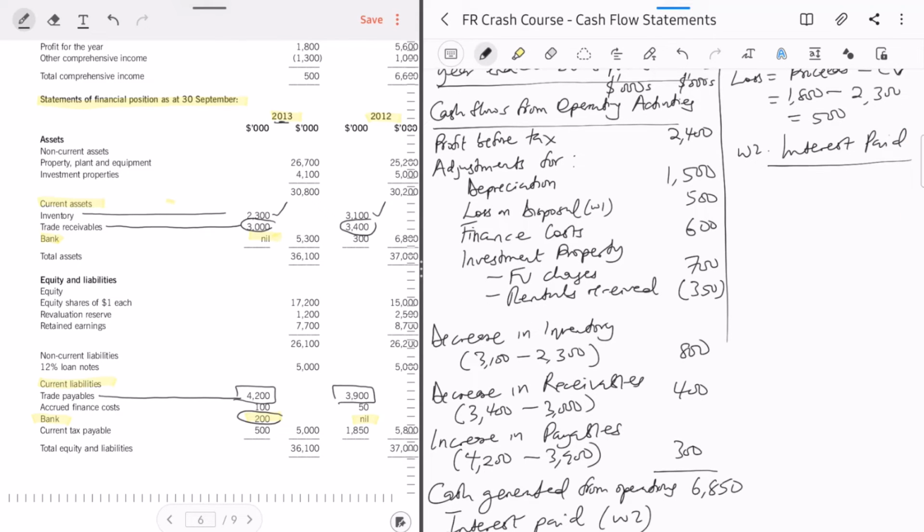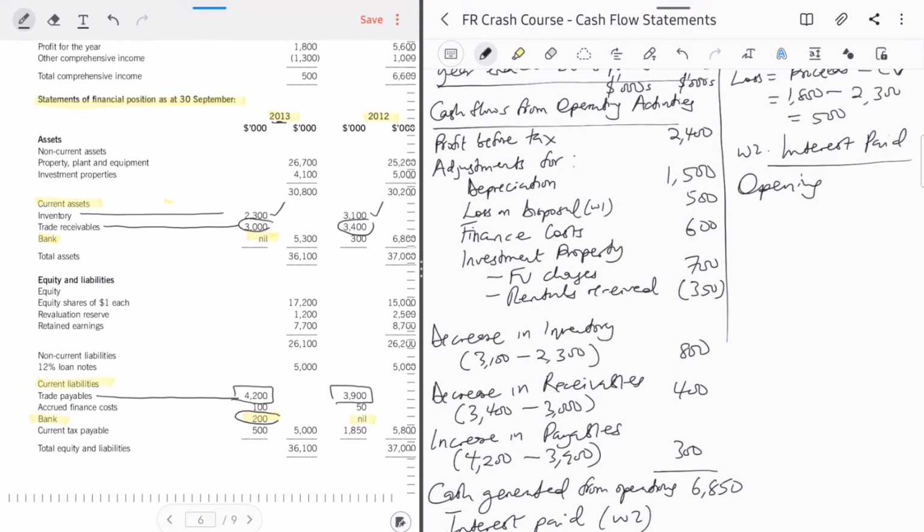So when it comes to finding the interest paid figure, what is the opening figure for interest in the question? You typically find this in the balance sheet if it's given, right? So if you look here, can you see accrued finance cost right here? So the opening figure is 50, the closing figure. Let me clean this other one so we don't get confused.